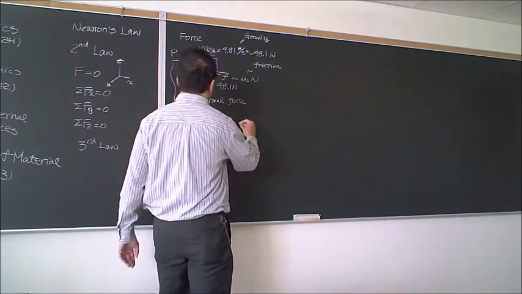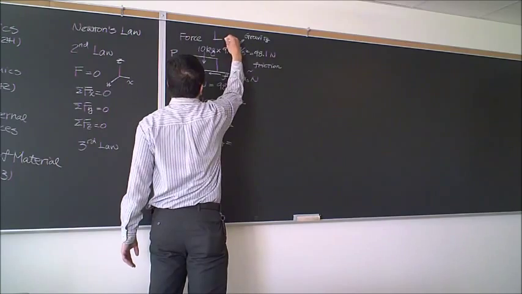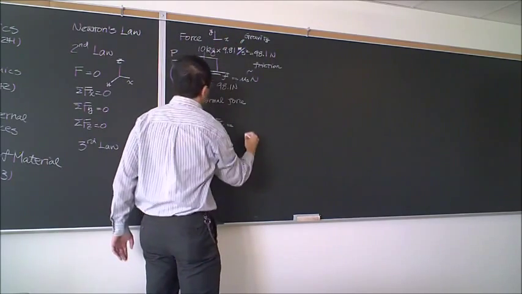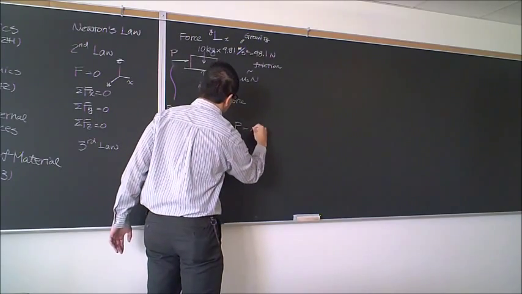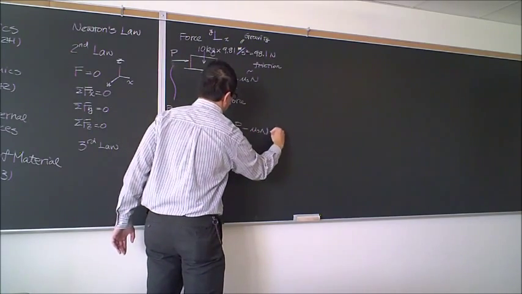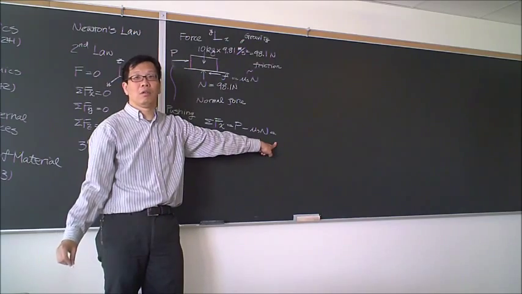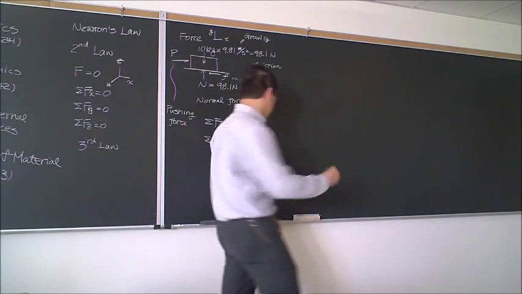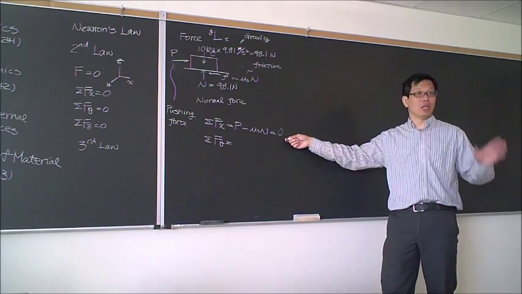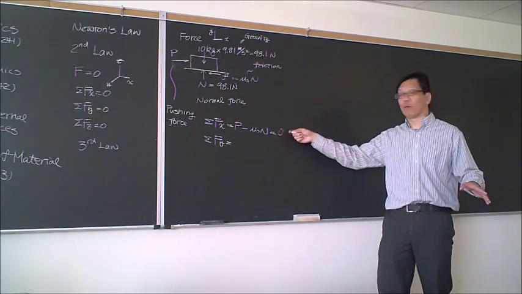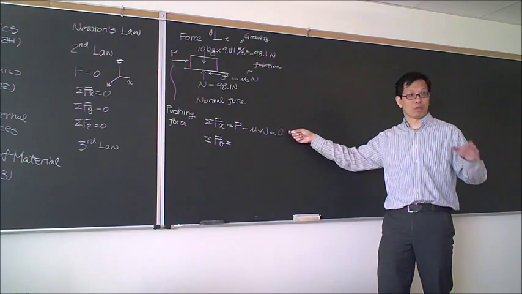One is Fx equals to F minus mu s N. In this case, equals to what? 0. Be sure you know you put 0 over here. Everything we deal with, every number we deal in this class, all equals to 0.